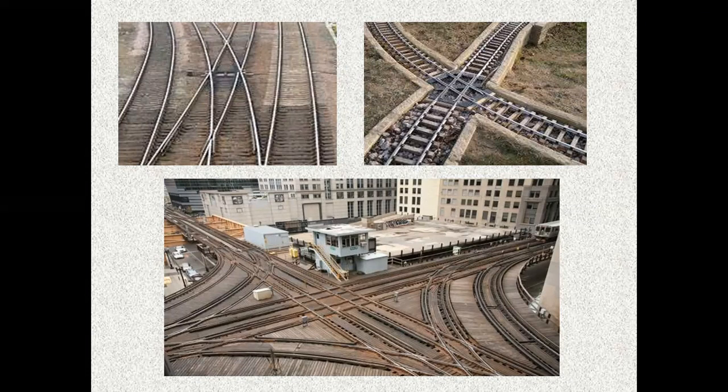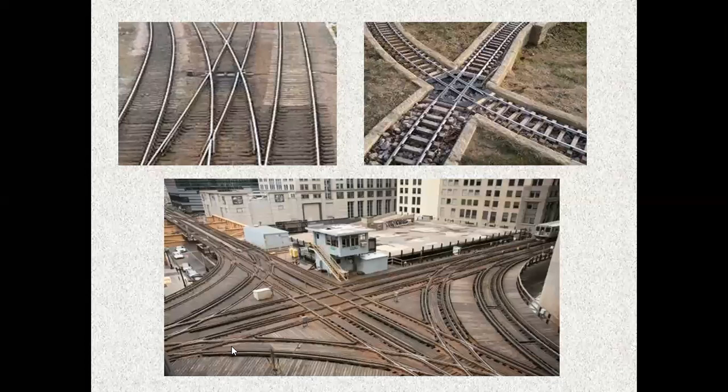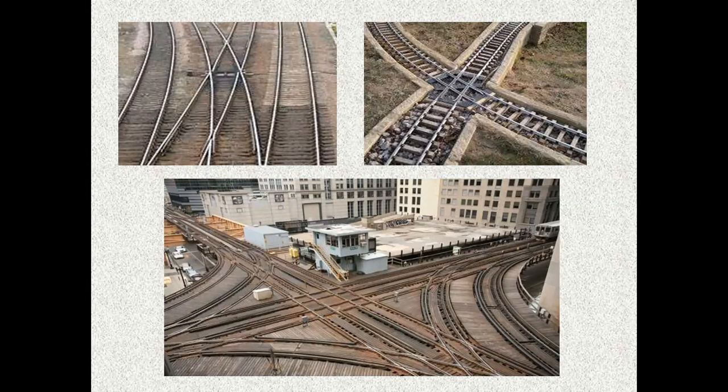Here we have different types of crossings, diamond crossing and scissor crossing. Here are the turnout crossings, and these are the check rails provided. You can observe in this image these are the check rails, and here is also a check rail. They provide these check rails to maintain the position of the wheel flange in a particular position on the track.